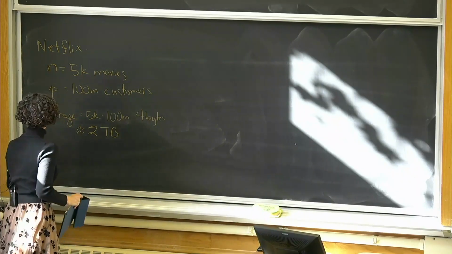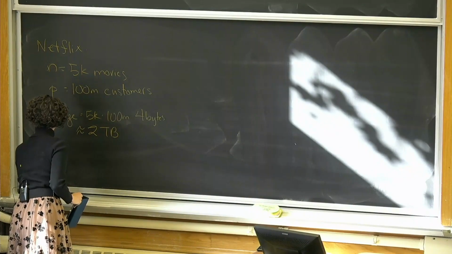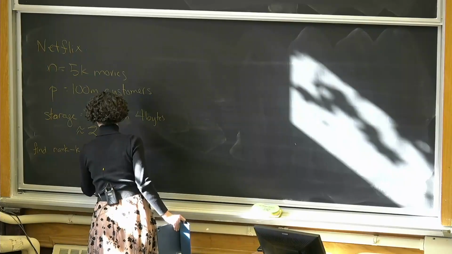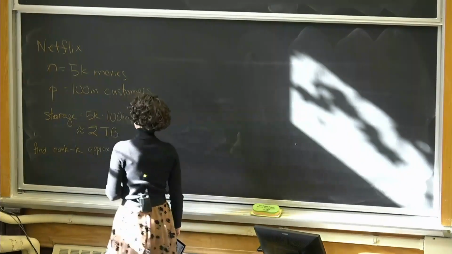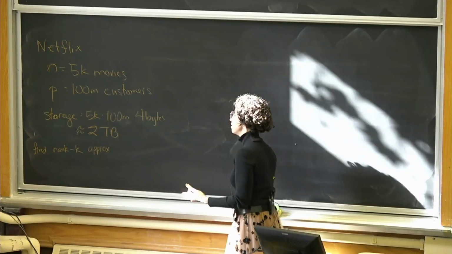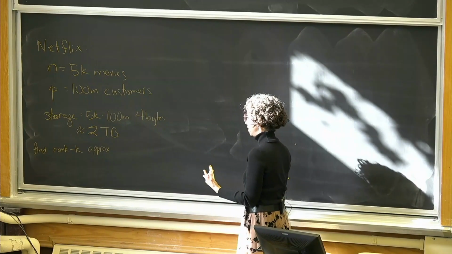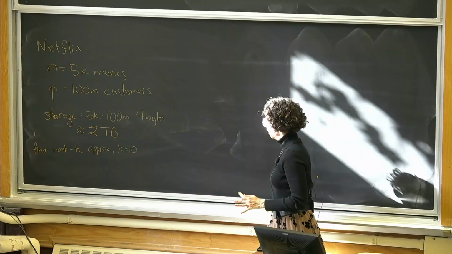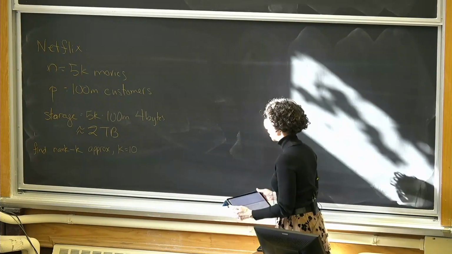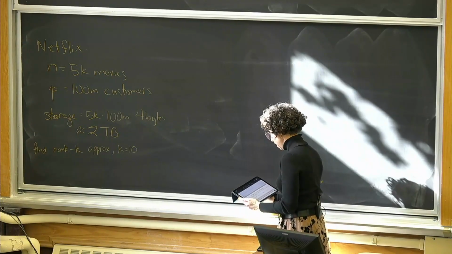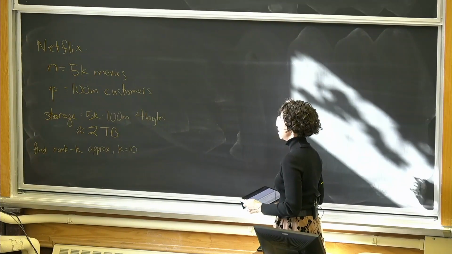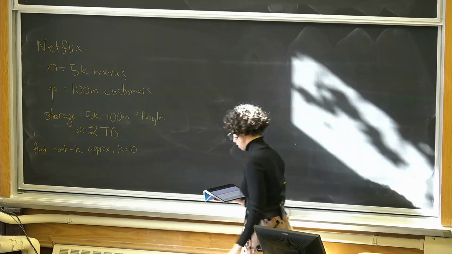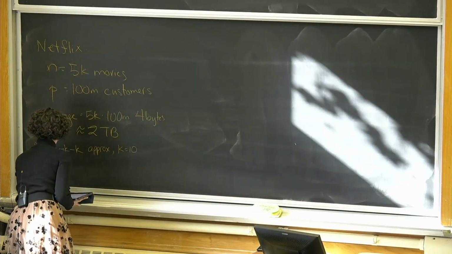But then, let's find the rank K approximation to this original matrix. So we want to find something that is close to the original ratings, but where K equals 10 is the rank. So let's just say that we can find that rank K matrix using our SVD, and that it's accurate. That approximation isn't losing critical information about the customer's ratings. So then, how much storage do we need for UK?